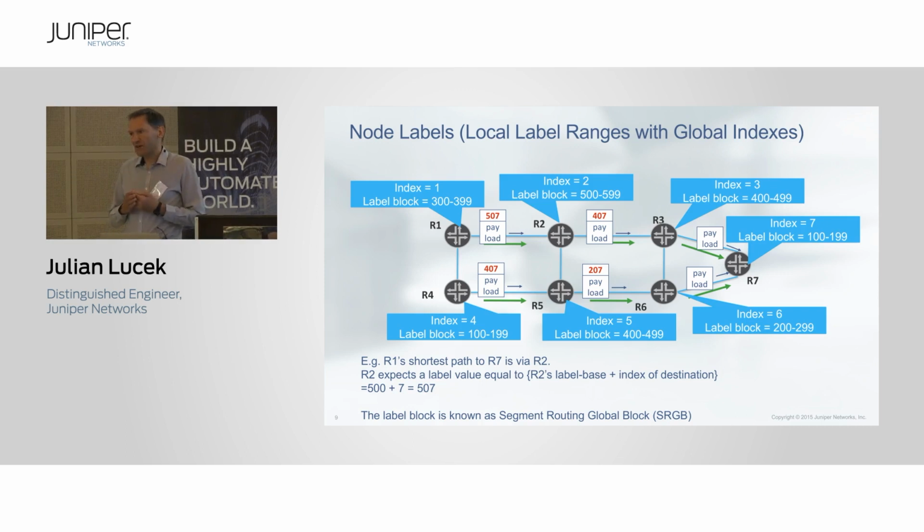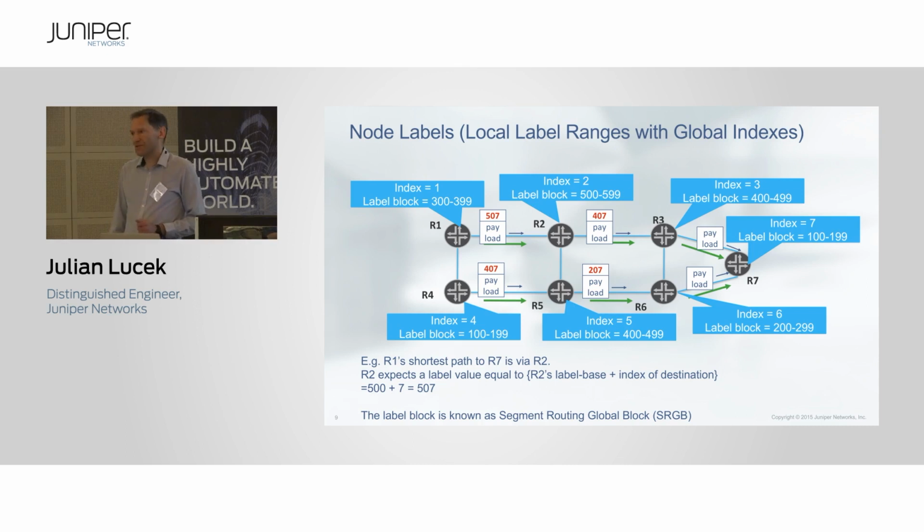What each router does is it advertises a so-called index. This is a number which is unique to that router, and that's flooded in the IGP. And in this diagram, the index is equal to the router number just for convenience. So R7 advertises an index 7 associated with itself, associated with its loopback address, typically.